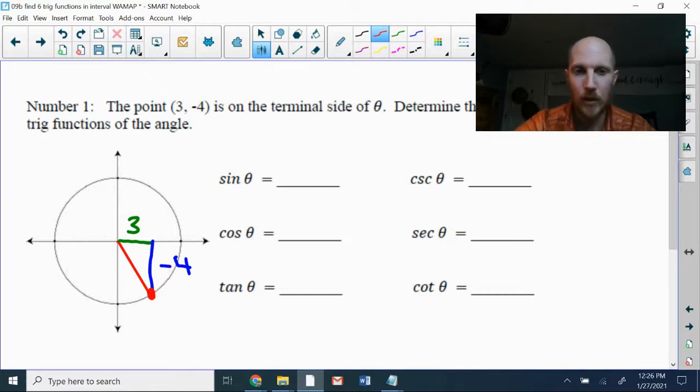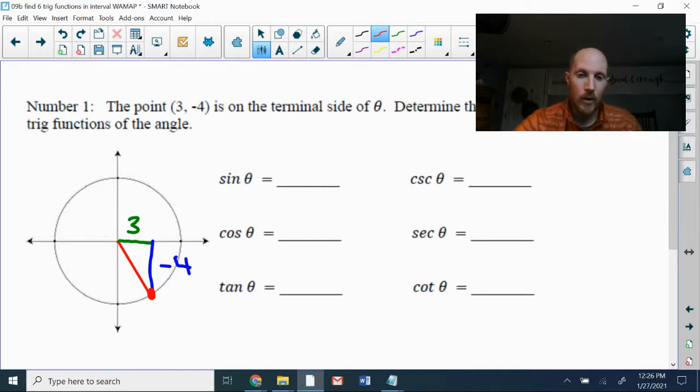The other way you could think of it is that the point is the terminal point of the vector starting at the origin. Either way, we've got our illustration, a reference triangle made by drawing the 3 and -4 as components for our vector. And that tells us that we're going to be in quadrant 4.